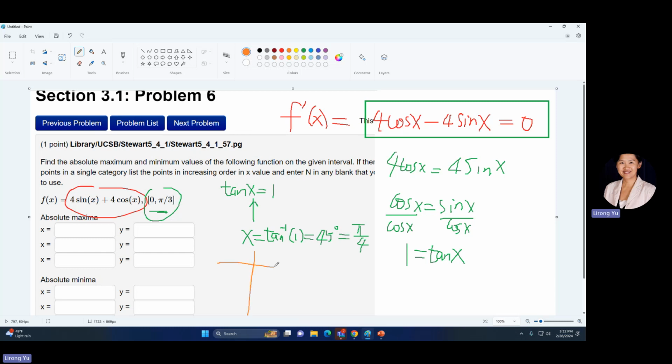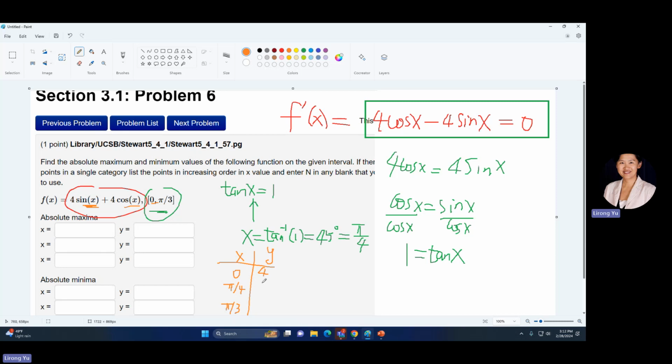Step 2, let's compare. So we have all the x values. They are 0, pi over 4, and pi over 3. Now it's time to calculate the y values. If you plug in 0, sine 0 equals 0, cosine 0 equals 1. So that is 4. Right? If you plug in pi over 4, sine pi over 4 is root 2 over 2.